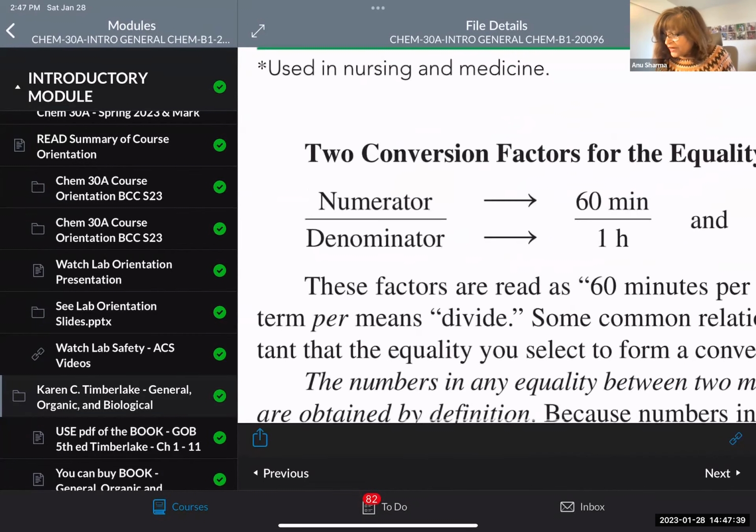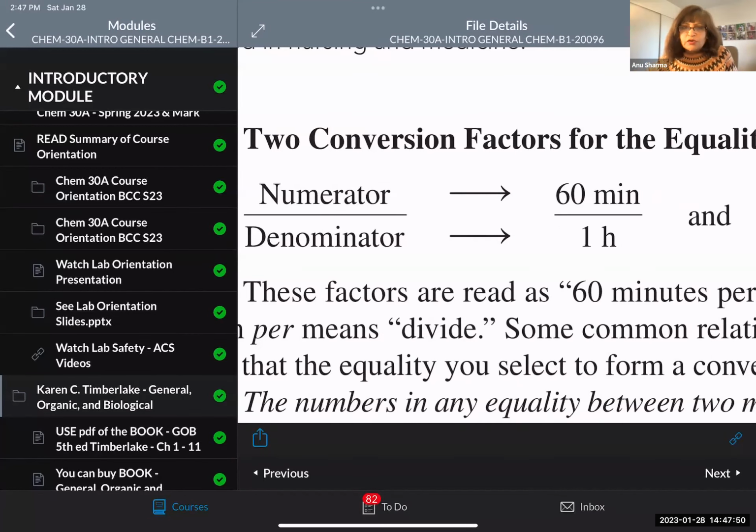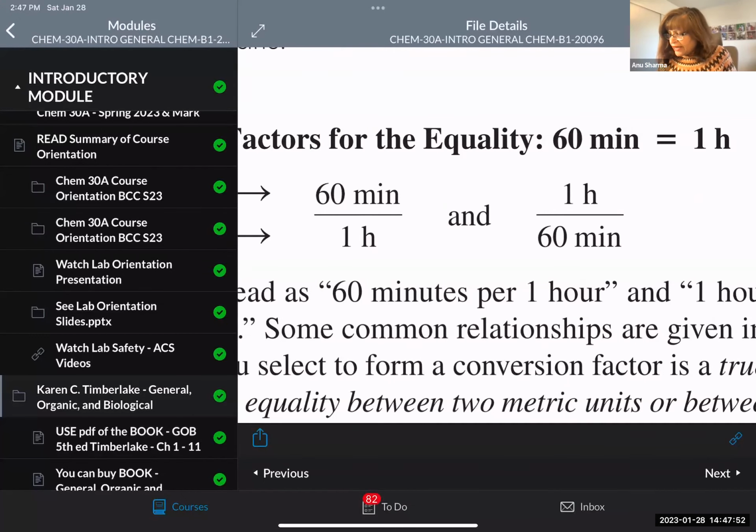So we know whenever we write these fractions, the numerator is on the top, the denominator is on the bottom, and you can switch also, depending. So 60 minutes per hour can also be written as 1 hour over 60 minutes.